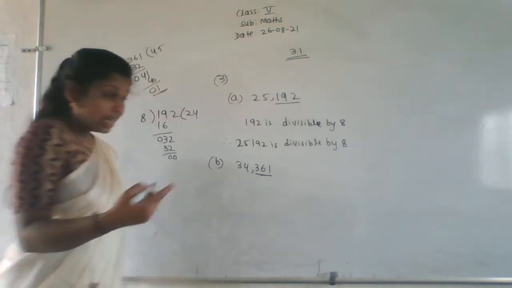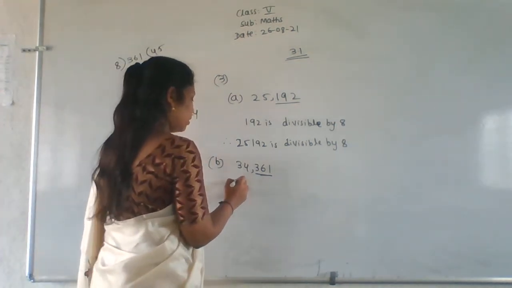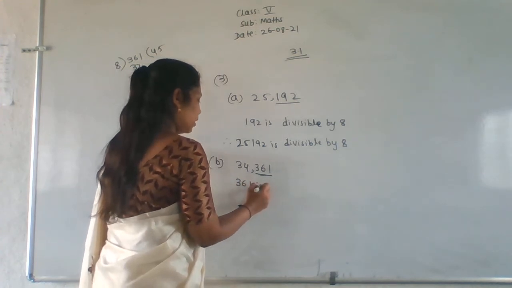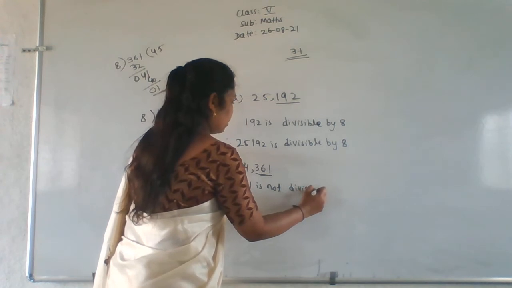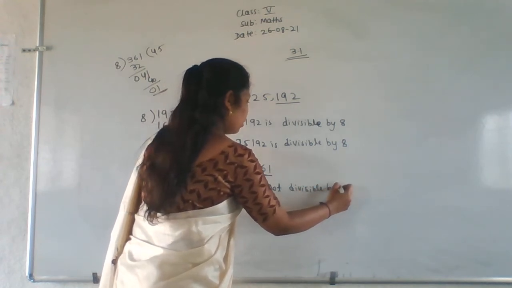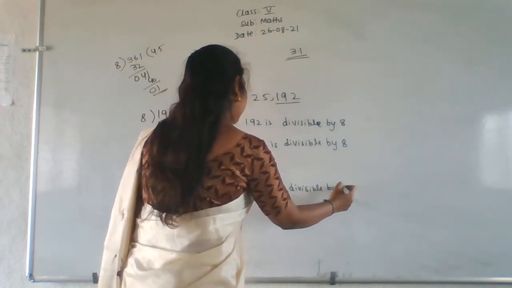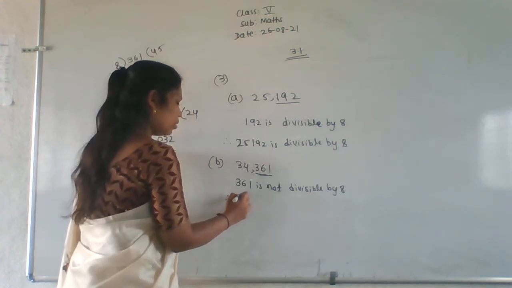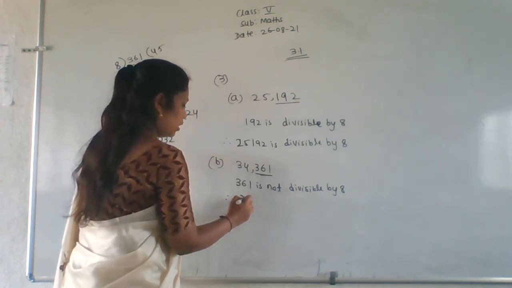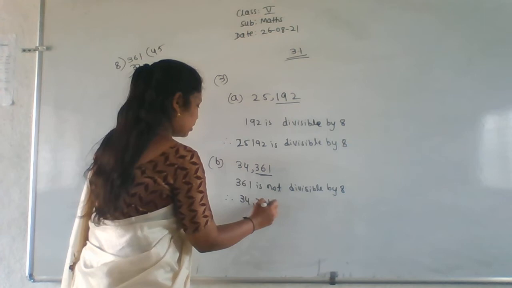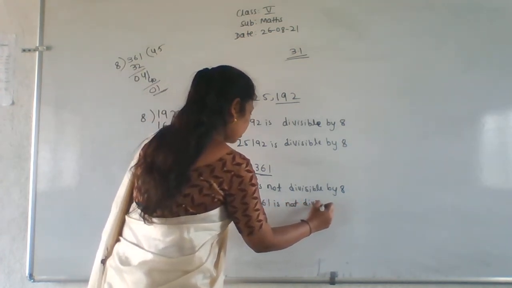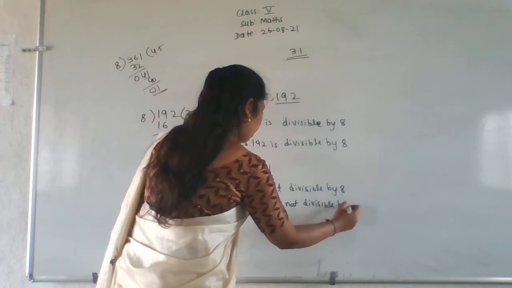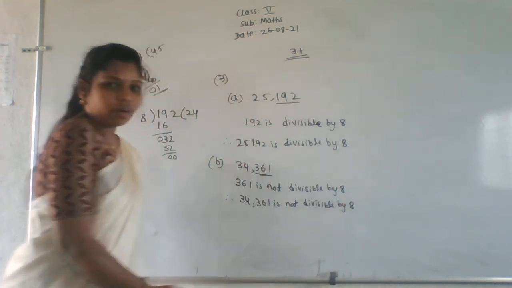Then it is not divisible by 8. 361 is not divisible by 8. Therefore 34,361 is not divisible by 8. Like that you have to write here.